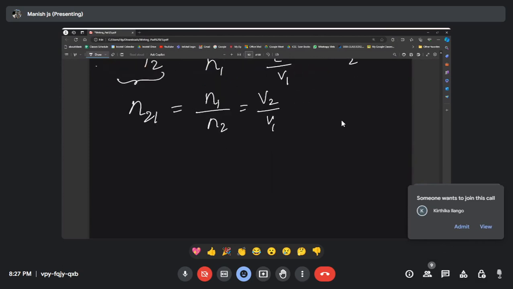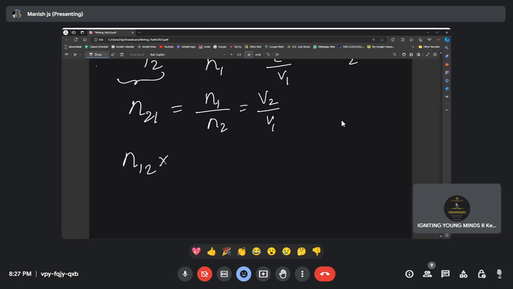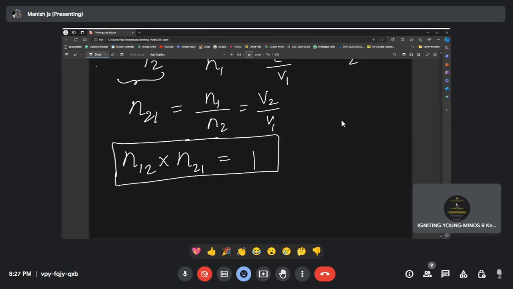Now if I multiply N12 times N21, what is my answer? 1, sir. Exactly. If you multiply the relative refractive indices of two media, one with respect to two and two with respect to one, it is always unity. This relation is also useful for certain questions.